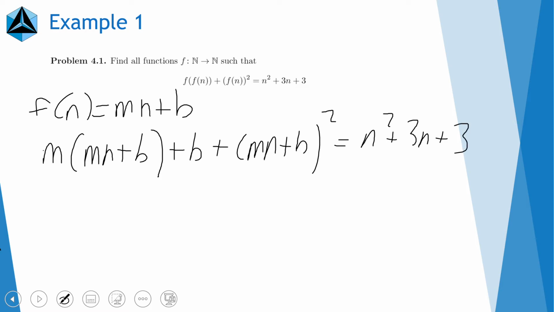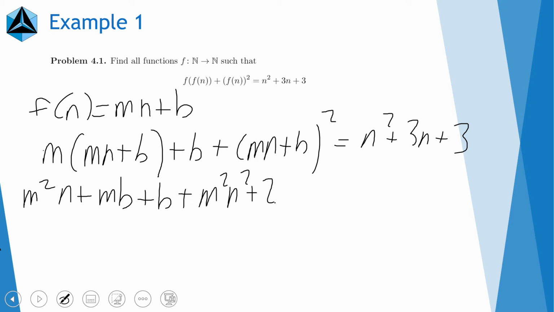And then we'll just expand this. We have m squared n plus mb plus b plus m squared n squared plus 2mnb plus b squared is equal to n squared plus 3n plus 3. This is getting a little messy, but trust me, it's actually fine.